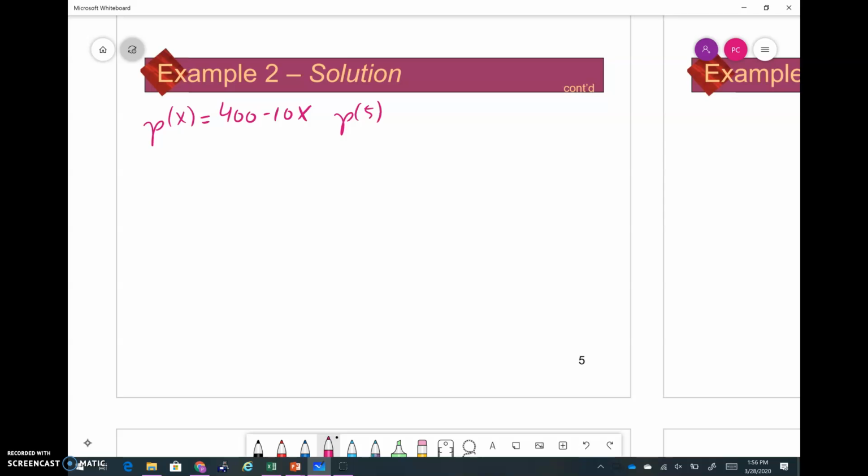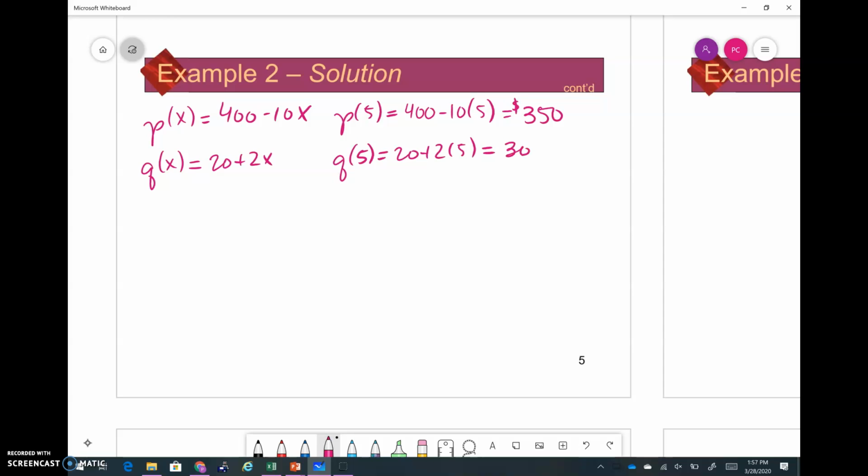So P of 5 gives us 400 minus 10 times 5, giving us a price of $350. So we need to sell them for $350. The quantity function was 20 plus 2x. So Q of 5 gives us 20 plus 2 times 5, giving us 30. So we're going to sell 30 bikes at $350 each.